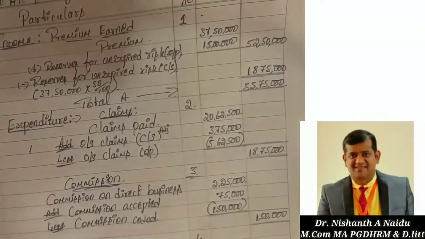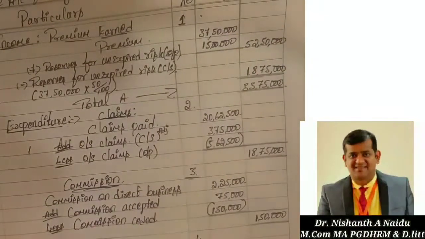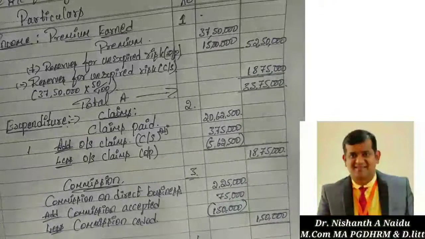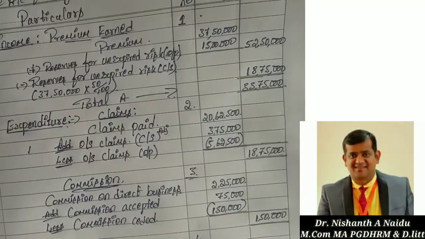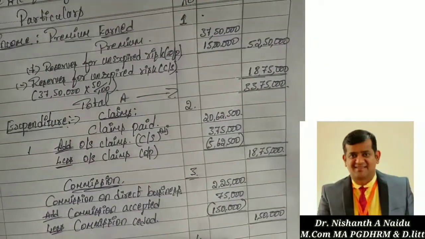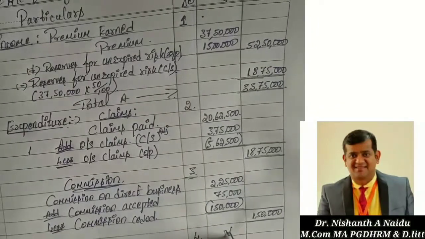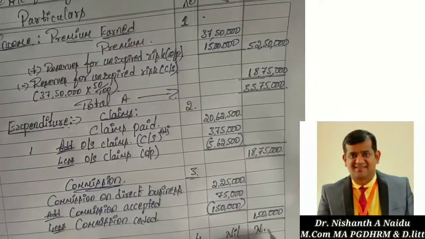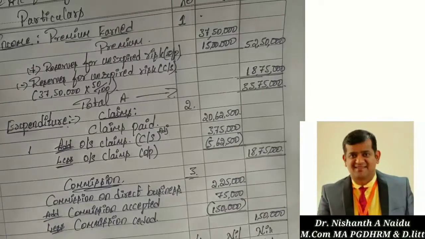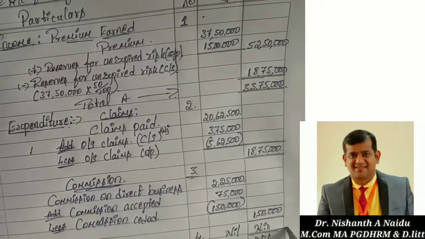Just check once before going to the entry part. I didn't find any management expenses or outstanding management expenses, so we are marking it as nil. So the total of this also is nil, schedule number 4 in this particular problem.